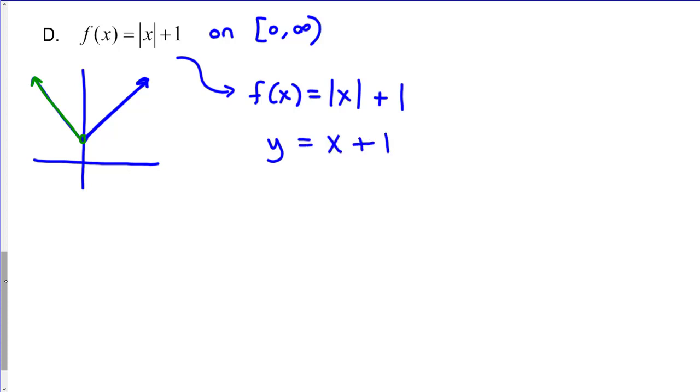Because if we know that x is positive, then if we take the absolute value, we just get x right back out. And if I swap my x and y, I get x equals y plus 1. Then I'll subtract 1 from both sides. So x minus 1 equals y.